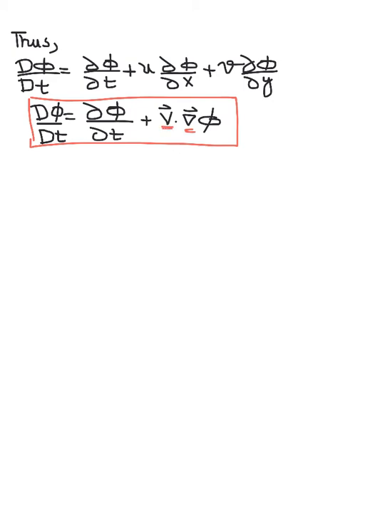Make sure that this del operator has two components, and similarly the velocity vector has two components, ui plus vj, and the dot product can be written like that.